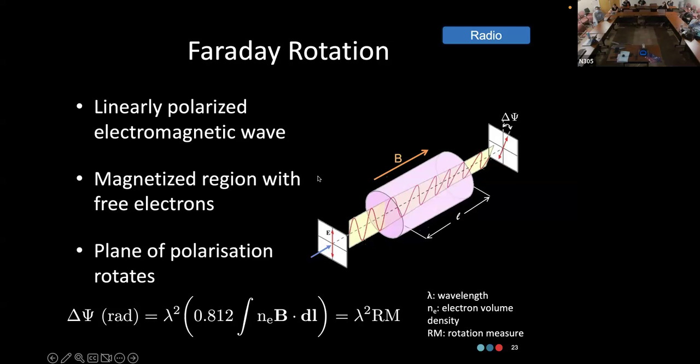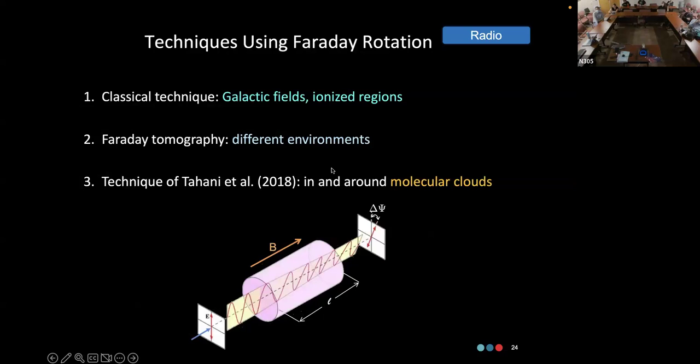Now there are 3 main techniques that can use Faraday rotation to infer information about magnetic fields. One is the classical technique that provides us with galactic magnetic fields or magnetic fields of highly ionized regions.